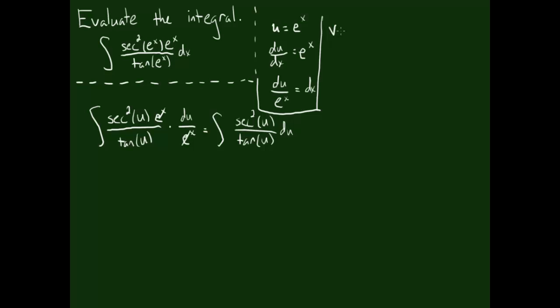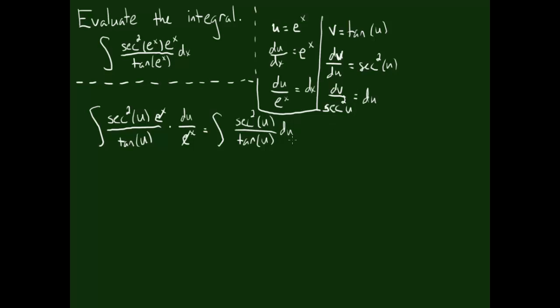Let's go ahead and make a new variable v, and we're going to let v be tangent of u. So we let v be tangent of u, that means that dv du is going to be equal to secant squared of u, which means that dv divided by secant squared of u is going to be equal to du.